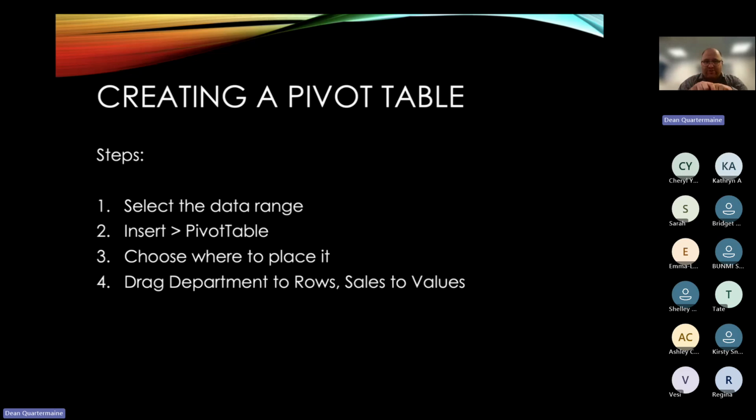The default is just another Excel worksheet, another tab on the workbook, but you can place it pretty much wherever you want. And then you get a pivot table builder where you can drag things into rows, values and columns.